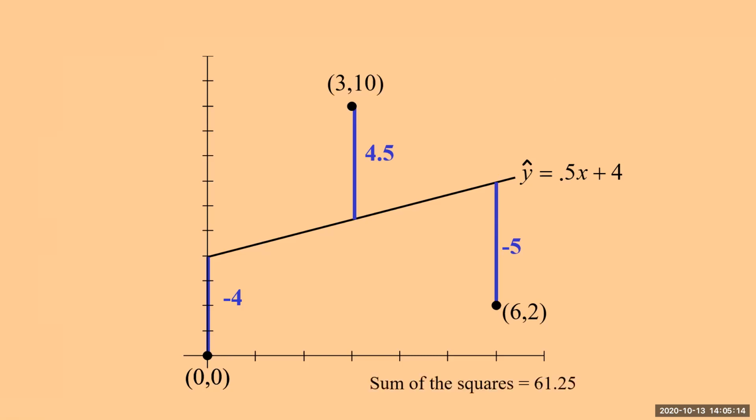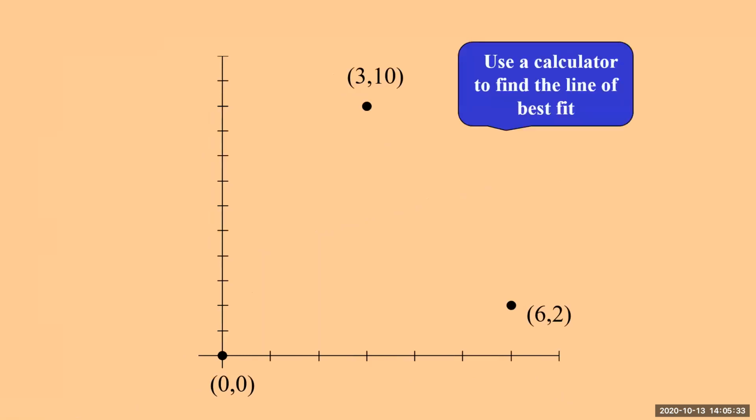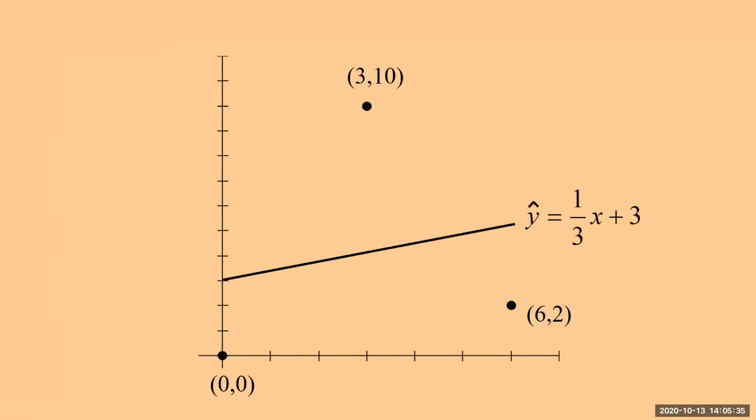So if you were to actually square all those and add, we get a value of 61.25. Well, that line looks pretty much in between those data points, but let's see if we can have an even better fit. Here we still have these 3 points, but notice we have a new predicted line of y hat equals 1/3 x plus 3.